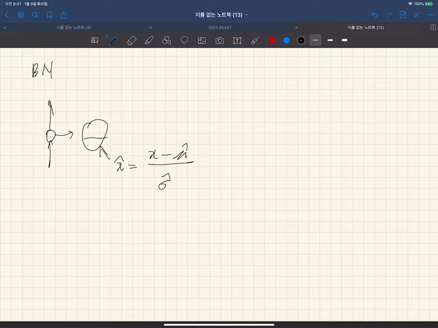So from that concept, machine learning researchers invented the batch normalization layer, and it turns out the batch normalization layer is very powerful for training deep structured neural networks. Okay, but the problem is we usually employ the stochastic gradient descent rule using mini batches.